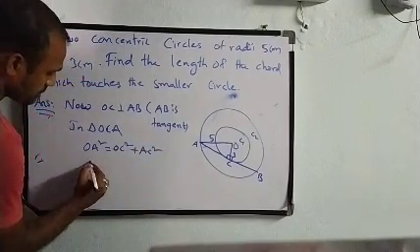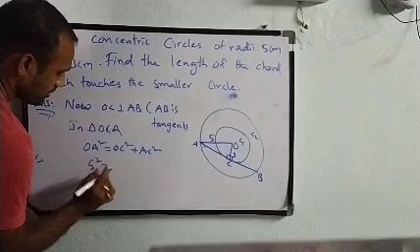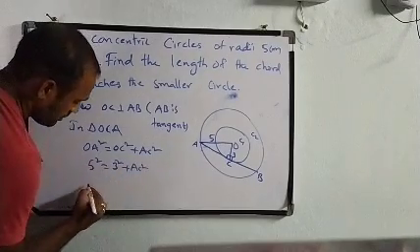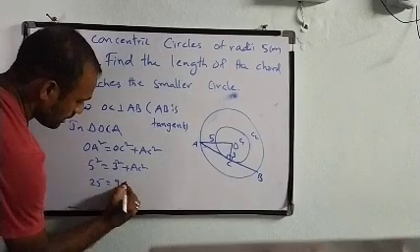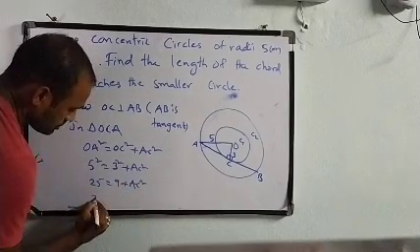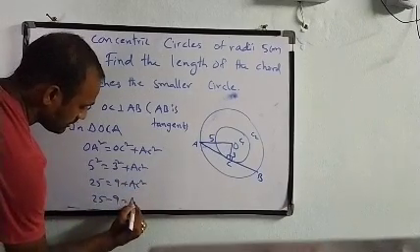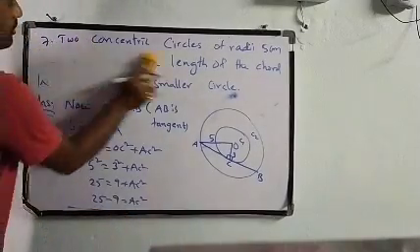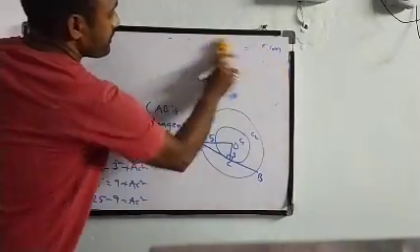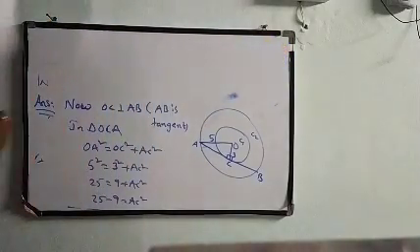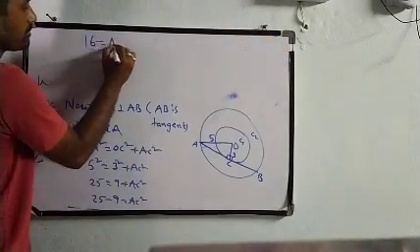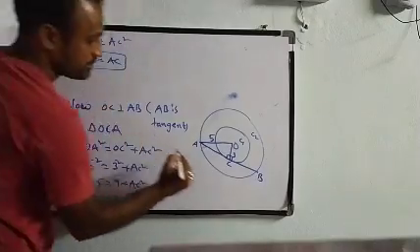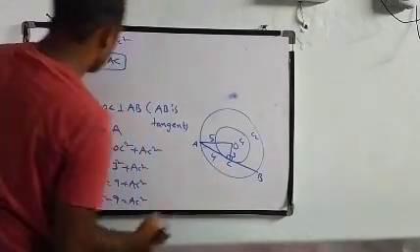So OA square is 5 square, equals 3 square plus AC square. So 25 is equal to 9 plus AC square. So 25 minus 9 is equal to AC square, which is 16 equals AC square. So AC is 4.